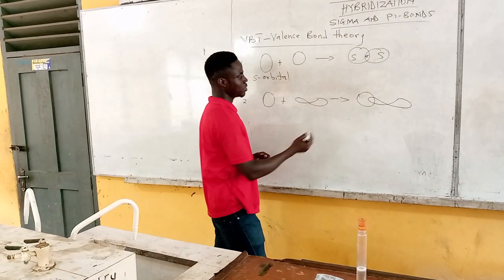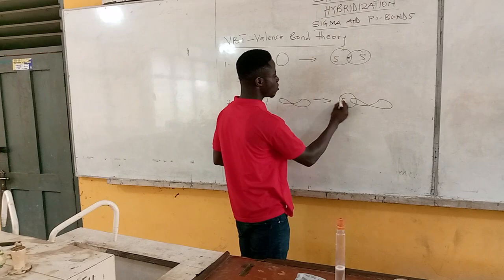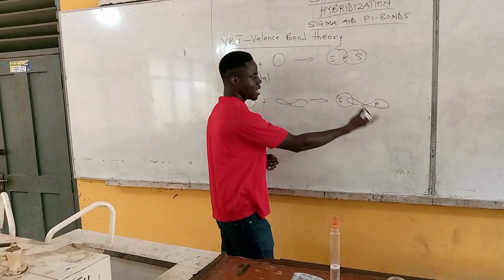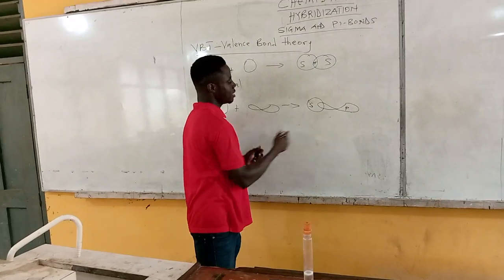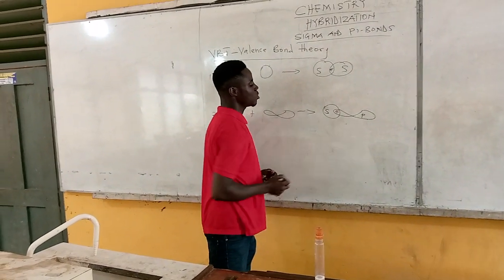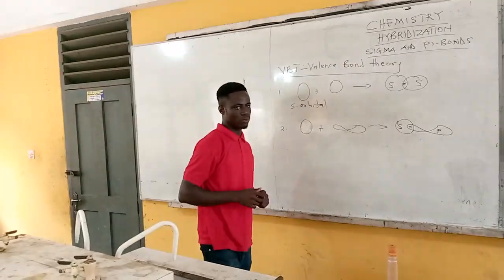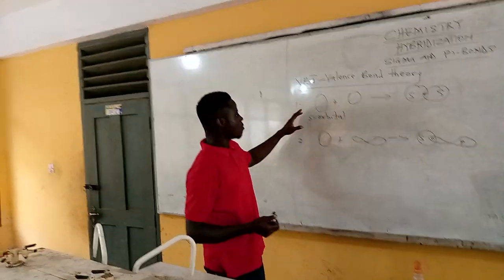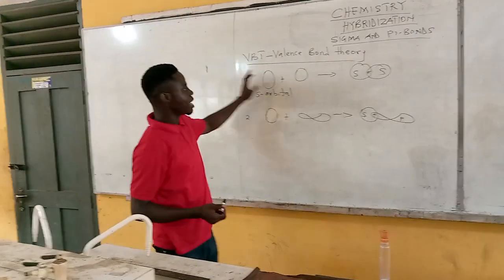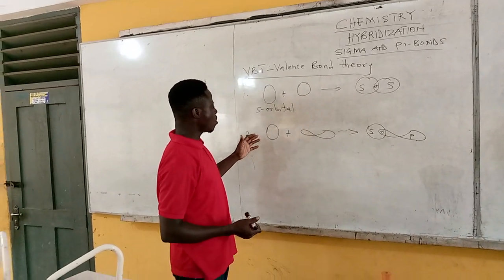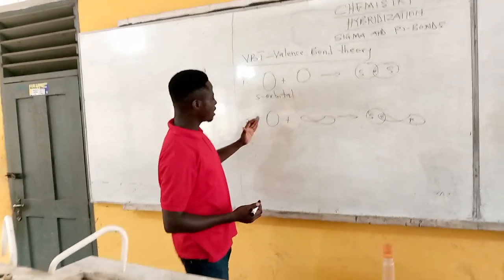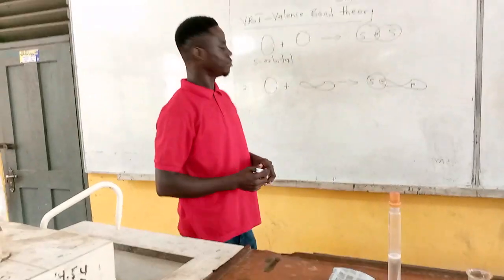So we have the s orbital mixing with the p orbital, the sp overlap. The bond formed here is what we refer to as a sigma bond. So a sigma bond can be formed as a result of the head-on overlap of ss orbitals, or an axial overlap of an s and a p orbital.